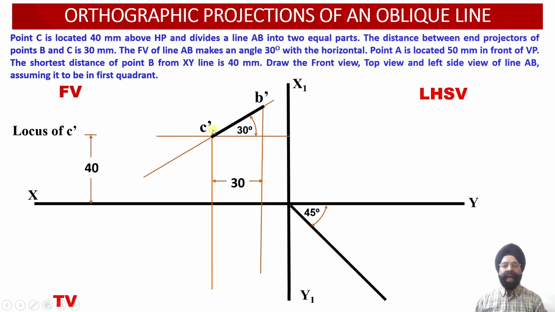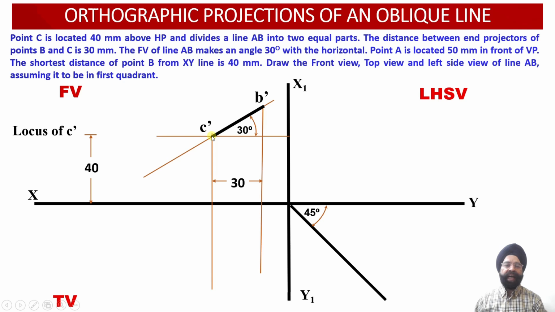Now we know that C dash point happens to be the midpoint corresponding to the line AB. So whatever is the distance of C dash B dash, we open the arc equal to the distance C dash B dash.